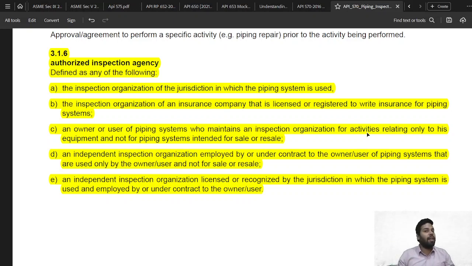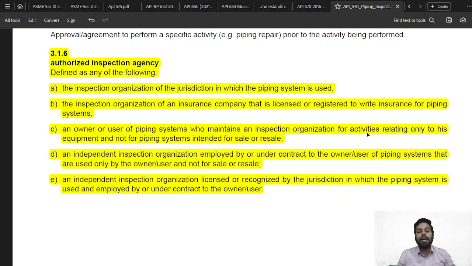If the owner does not have an inspection organization within his own organization, then he might hire some third party or other organization for doing the inspection and repair activities. Then this other organization is also going to be considered an authorized inspection agency.